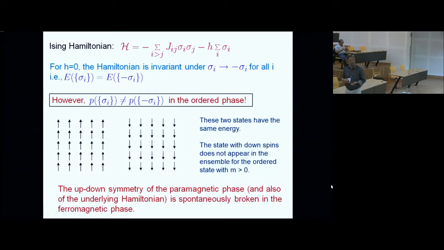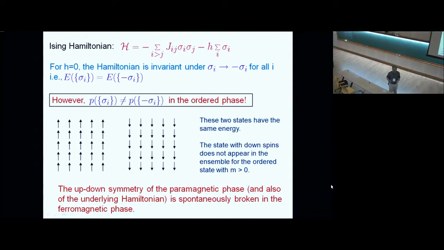But when the system goes into a sector where the majority of the spins are pointing in one particular direction, then through its time evolution it cannot go to the other state, and that is possible only when the number of spins is very large. If the number of spins is finite, then these two states will be connected. Given enough time, the system will fluctuate from this to that, and one would see plus or minus equally, and m will be equal to 0.